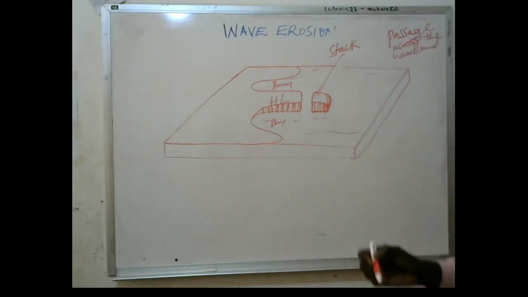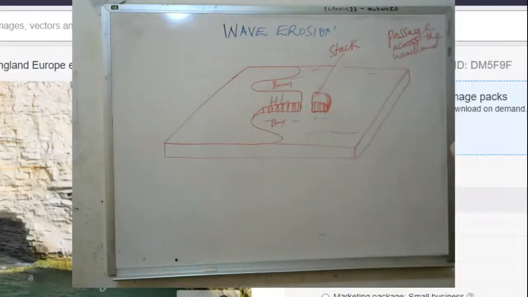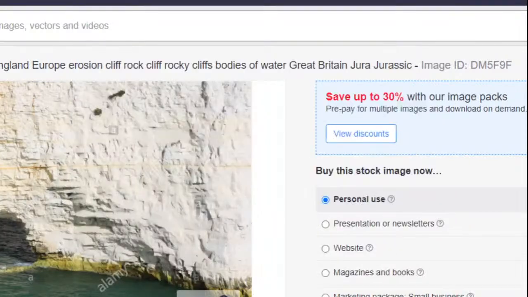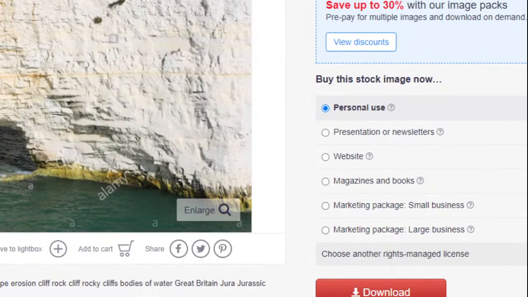Now, after this stack forming, again, it will not remain in that form forever. Because remember, the waves are continuing to wash it. They keep washing it, and as they wash it, they erode it. Now it gradually grows into a smaller rock. So when this one is worn away or eroded down, something that was that big may remain something very small because of wave erosion.